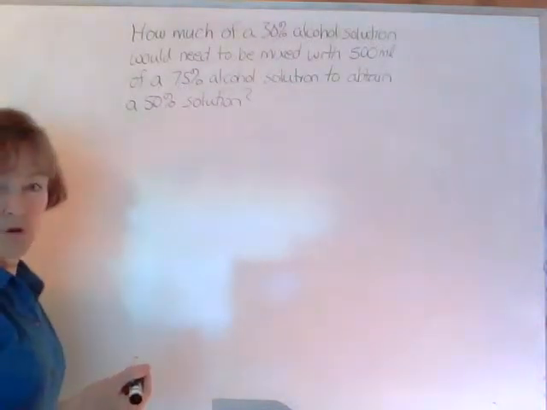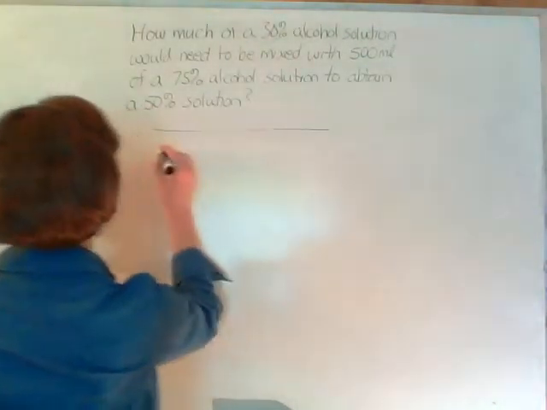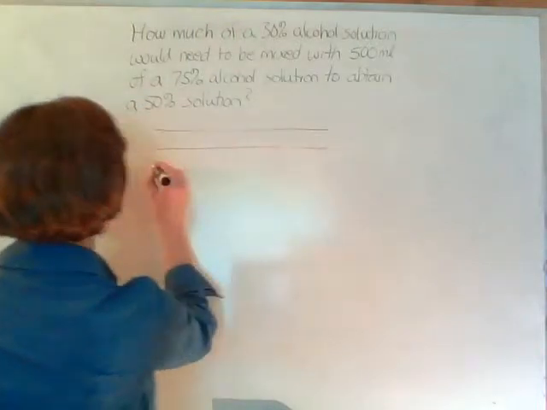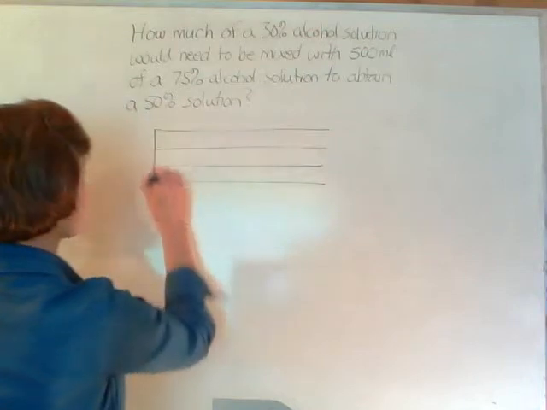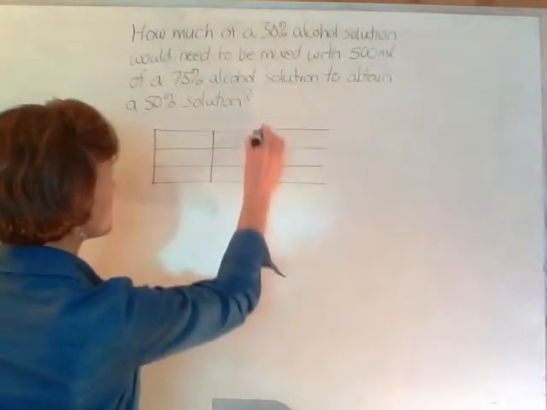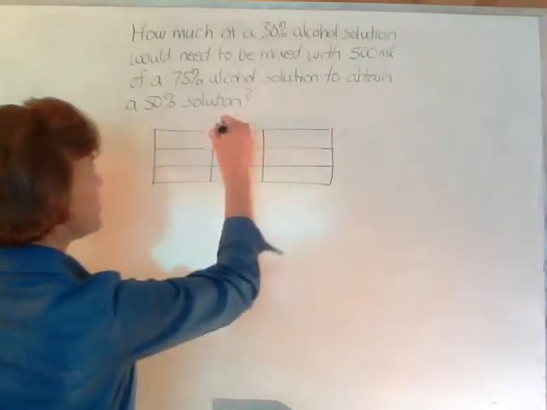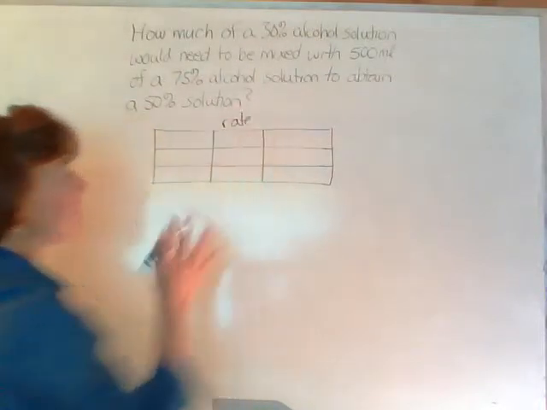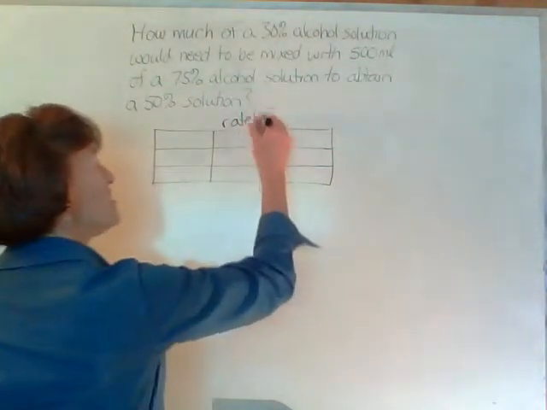It's a great problem for the box because it is a pure mixture problem. So I've got my set of 9 boxes here. Now my rate column is in the middle. In one of these chemistry problems, my rates are my percents.